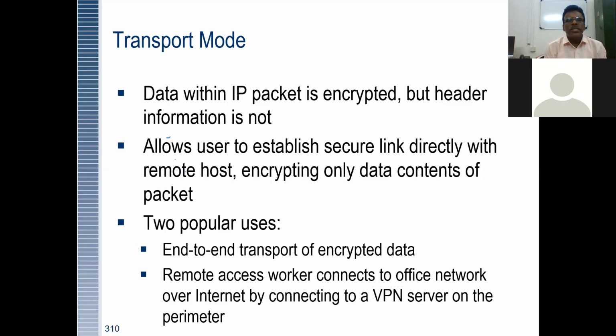Only the IP packet, whatever data is stored, over any type of wired or wireless connectivity, is going to be encrypted, which permits all users to establish a secure link directly with a remote host, in such a way that there should be a registration. You cannot just easily allow a user; there should be a registration entry.